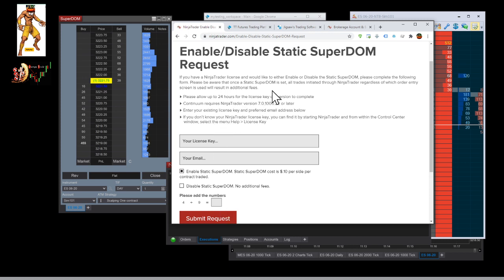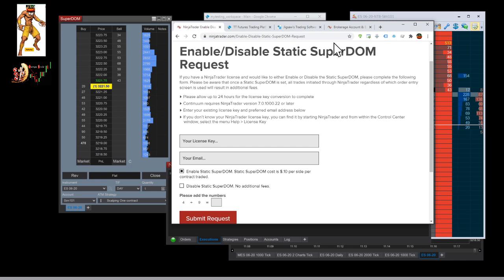The reason is that the Superdome technology is licensed by a company called TT, which I will talk about later, which provides this dome technology and the possibility to look at the limit orders and the volume.